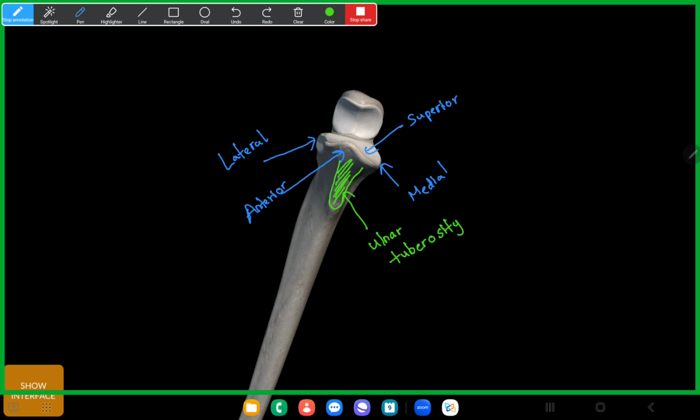In the lateral surface, you have the radial notch. I previously showed you the radial notch. Those are the features you can see in the upper end of the ulna.